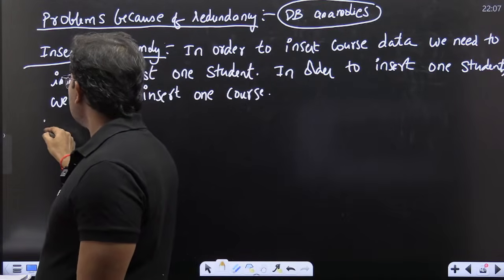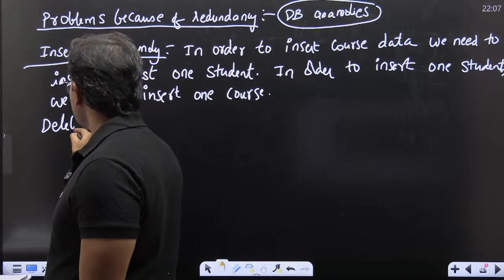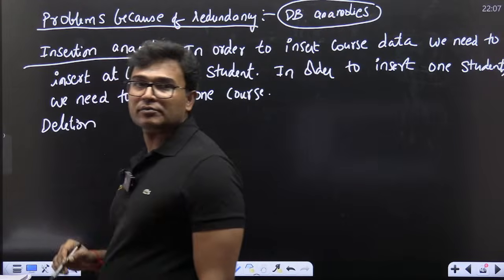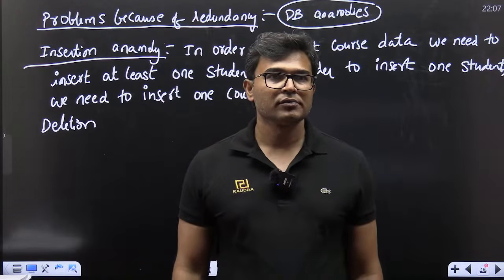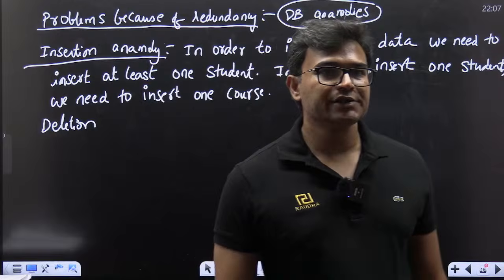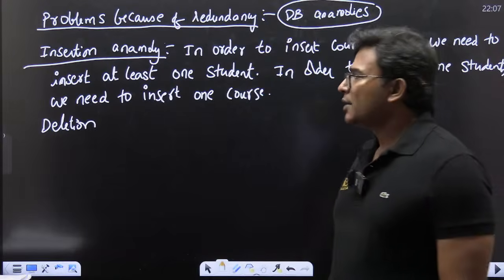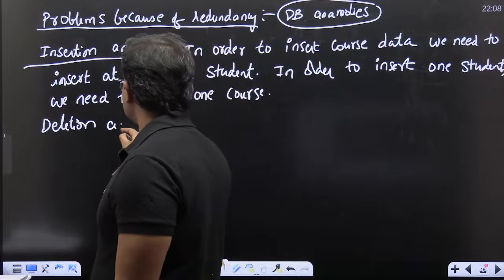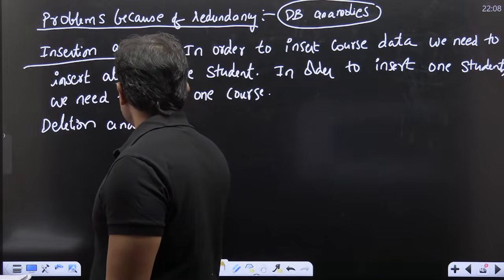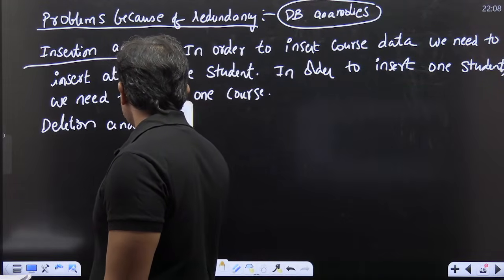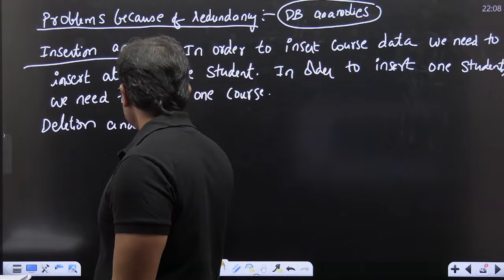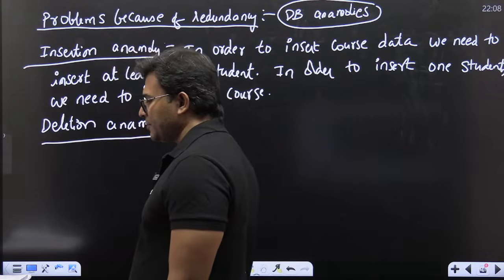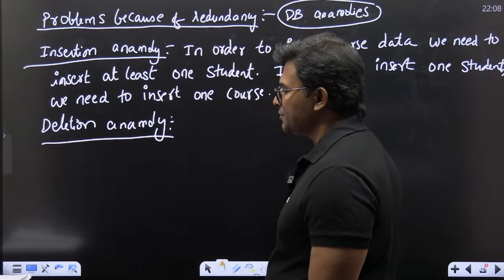And what about deletion anomaly? There is something called deletion anomaly. What happens is the same information is present at multiple places.